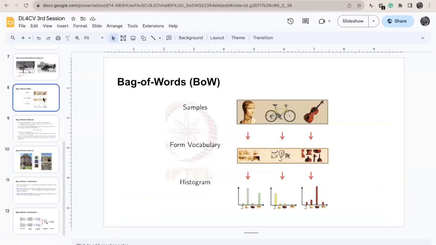Bag of words is something that was taken from the text or NLP domain, where a sentence, an entire paragraph or a book is broken down into small words, and we put them inside a bag. First the words will be cleaned, because let's say one word is see and the second word is seen.